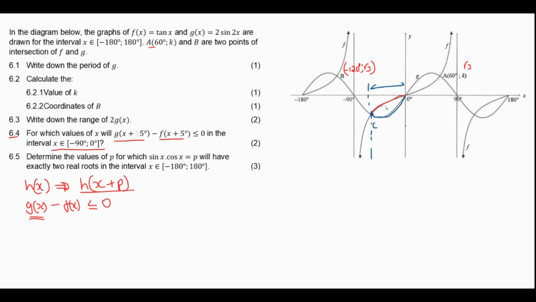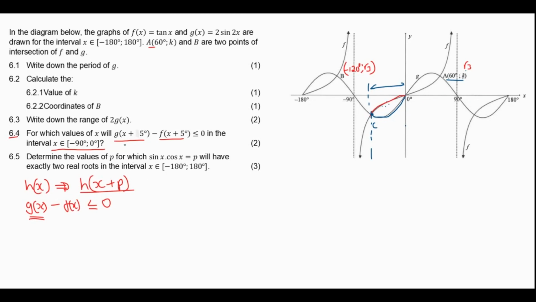If we say g(x) - f(x), we're going to get a negative value because f(x) is greater than g(x). So we need the coordinates of C. From here we can see that the x coordinate of A is 60 and the y coordinate is root 3, meaning that the coordinates of C will be -60 degrees and -root 3.